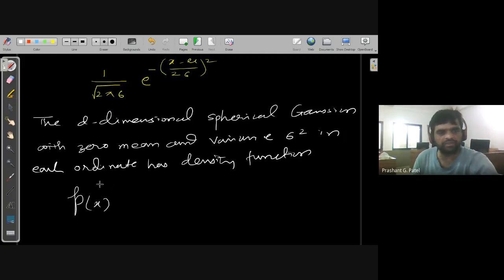So this is the density function in d-dimensional space.